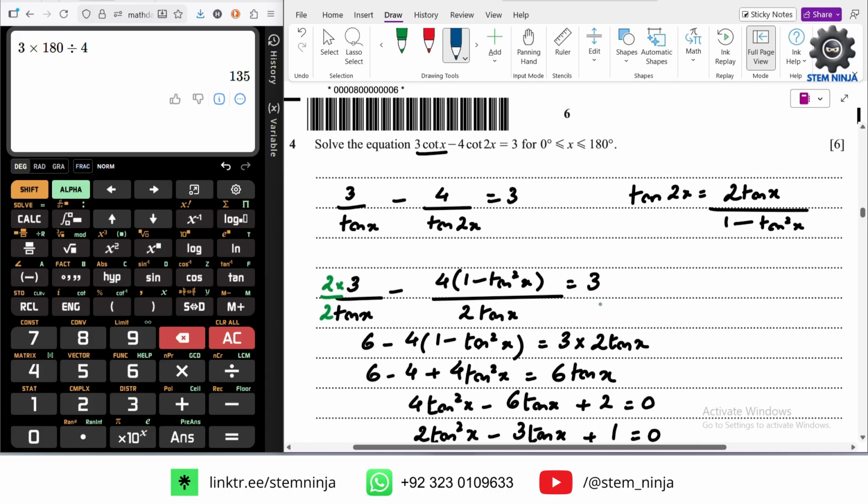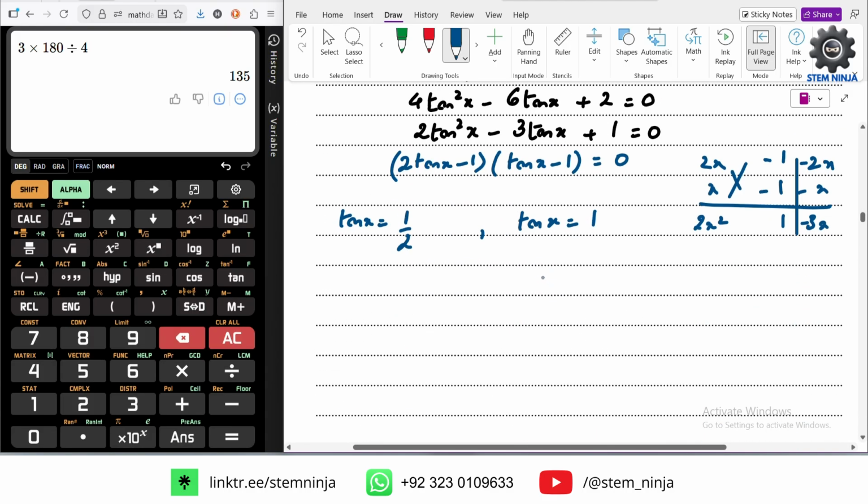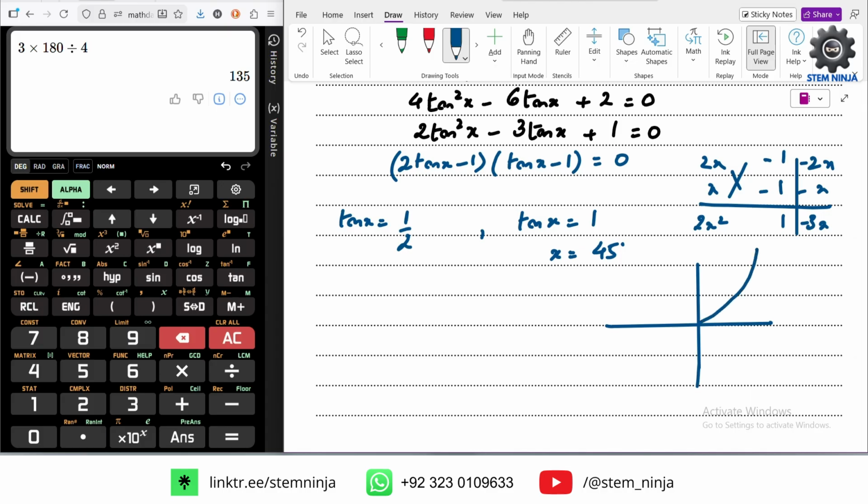So tan x equals 1 only happens at 45 degrees, right? Because from 0 to 180 degrees, it goes like this. This is your 90 degrees, and this would go like this, right?